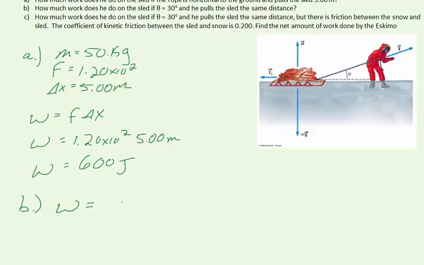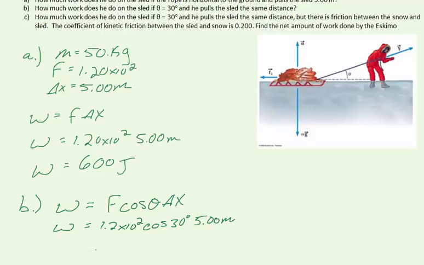If we use the component that's parallel to the linear displacement, we'll have our equation of force times cosine of our angle times our change in displacement, which will give us the amount of work done. So our force is still 1.2 times 10 to the second times cosine of 30 degrees times our change in displacement of 5 meters.